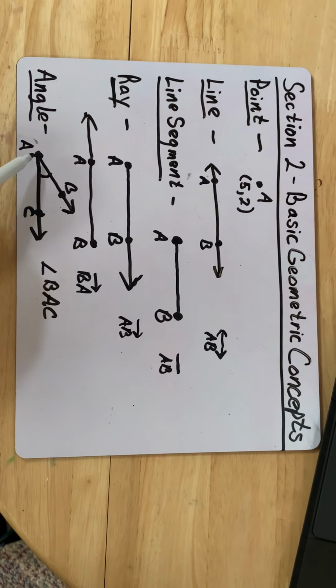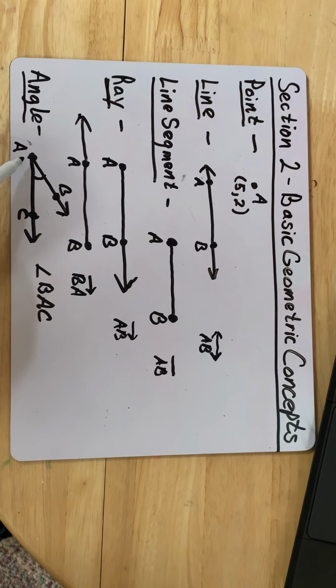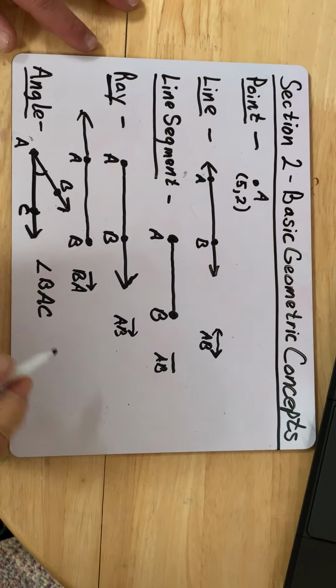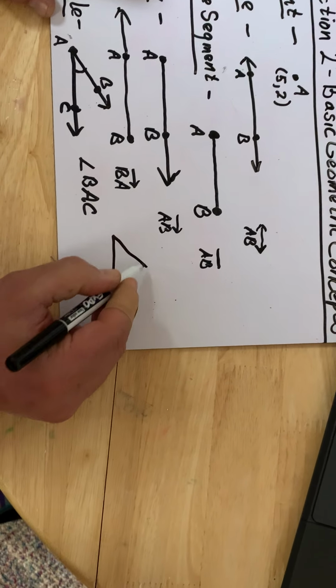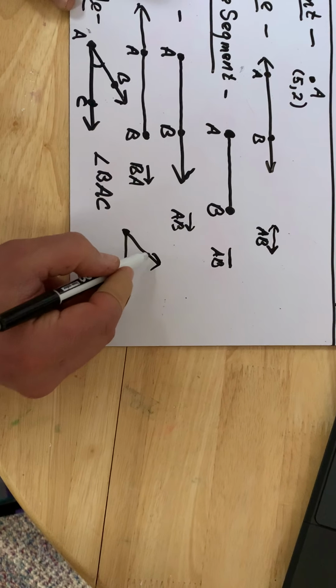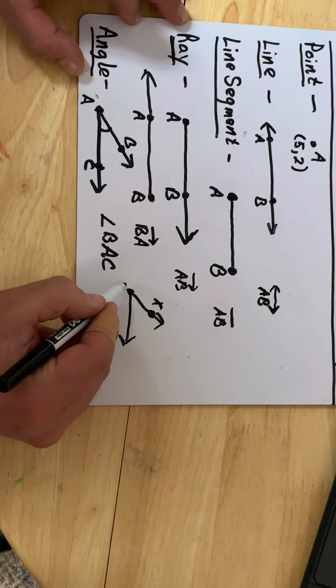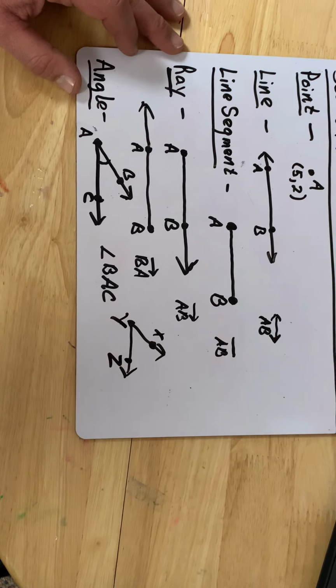Okay, this middle point has a real name. It's actually called the vertex point. So on all angles, let's call this angle XYZ. What is the vertex point of this angle?